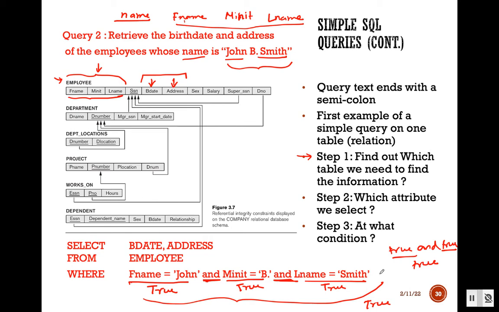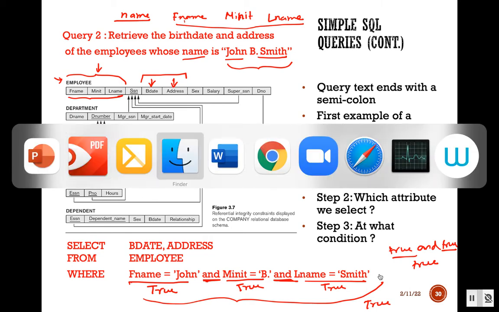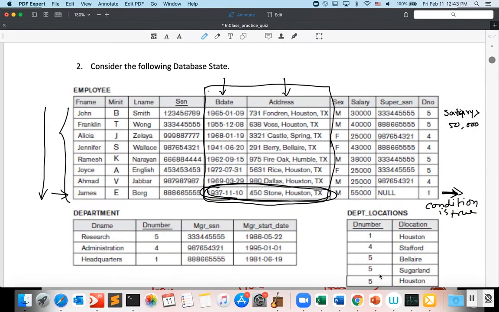So let's again look at the database state. I'm going to scan all the records here. For only one record I will find that F name is John, M init is B, and L name is Smith.